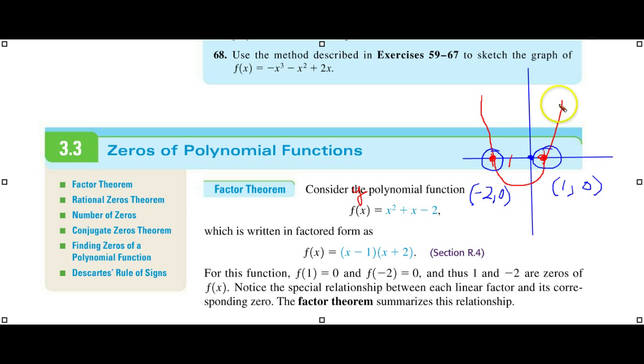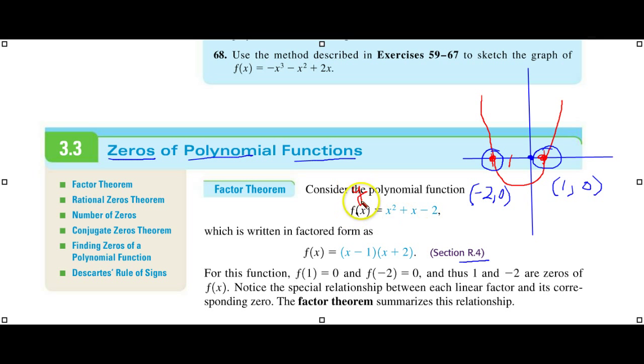So we have, in a sense, found the zero values: when y is 0, what our x would be. So this is the background of what we're going to look at in topic 3, where we're looking for zeros of the polynomial functions. And this is what they refer to. Back in an earlier section of our textbook that we didn't cover was a review of factoring this quadratic equation.